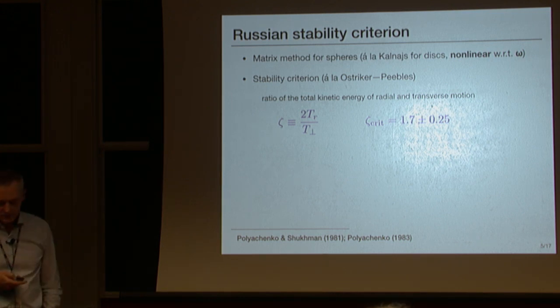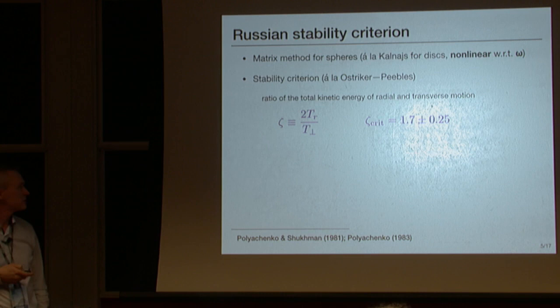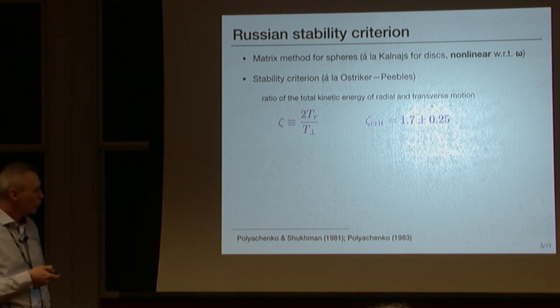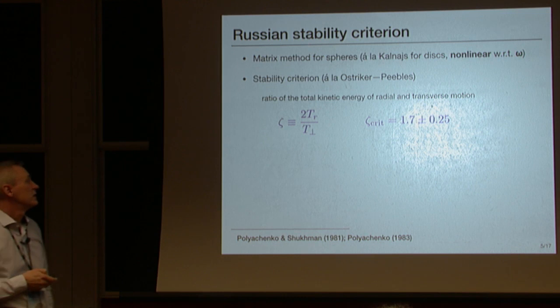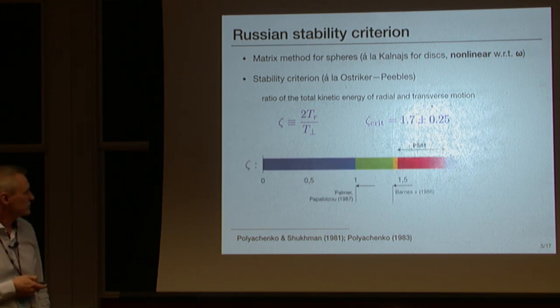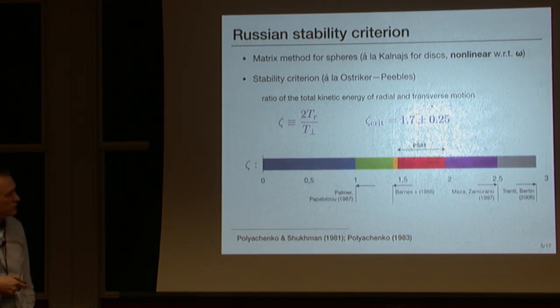But experience has shown that the hope for such a stability criterion with this narrow range is groundless. First, Barnes et al. shifted the initial range to 1.4 for generalized polytropes, and then Palmer and Papaloizou shifted it to the isotropic limit.